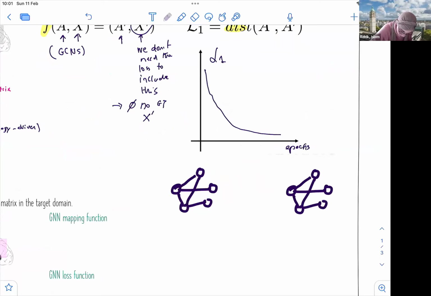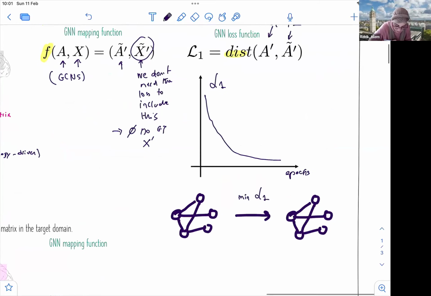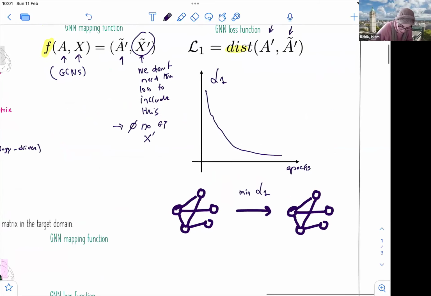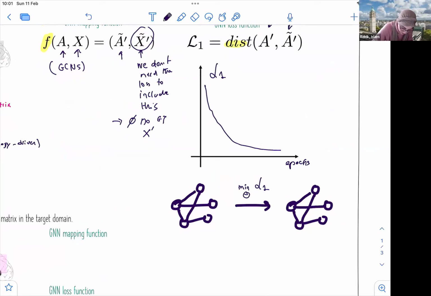So we want to converge to this one. As we minimize our loss, the loss, of course, has the parameters theta that parameterize this whole network. So this stacks all GNN parameters.